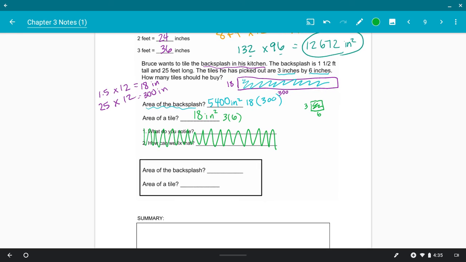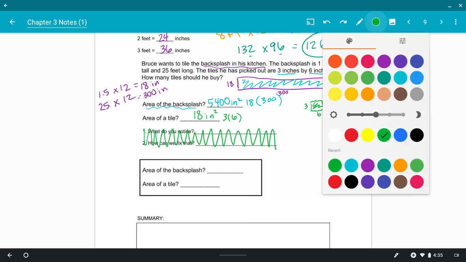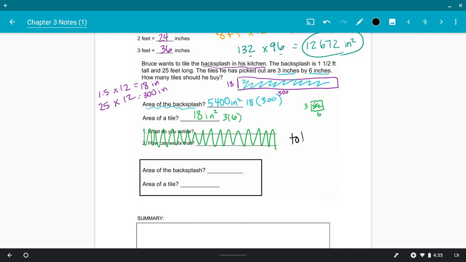So the question is how many tiles? Well, these tiles are really small, and that wall is really big. So we're probably going to need a lot of tiles. So what you're going to do is take the total area divided by the tile area.